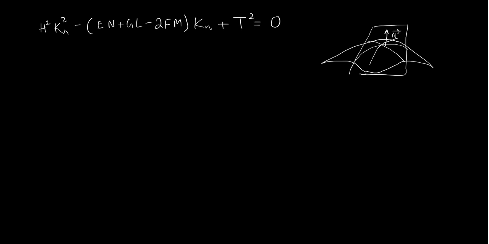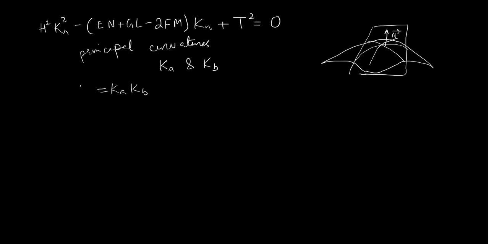Principal curvatures means the roots of this equation. When we solve for kn, we denote them by k sub a and k sub b. If we take the product of roots of a quadratic equation, especially Ka into Kb, this quantity is important.